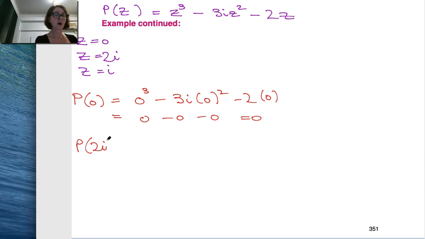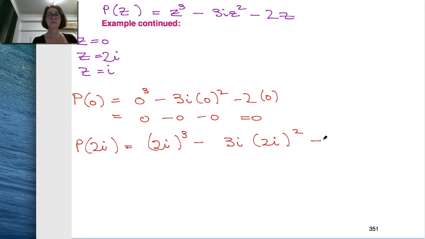P of 2i equals (2i) cubed minus 3i times (2i) squared minus 2 times 2i, and we have to work all that out. So (2i) cubed, well 2 cubed is 8, i cubed is minus i.